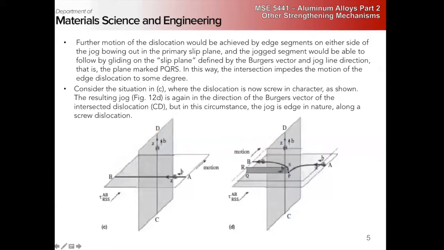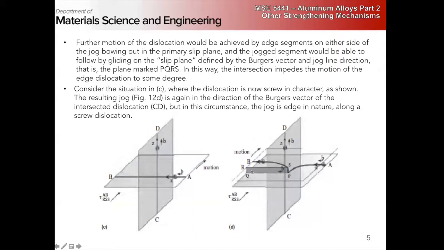Far away from this jog, this dislocation can keep moving forward. So it's going to form a bend here, and this dislocation has to move sideways this way. So it's more like kink motion than regular dislocation motion.